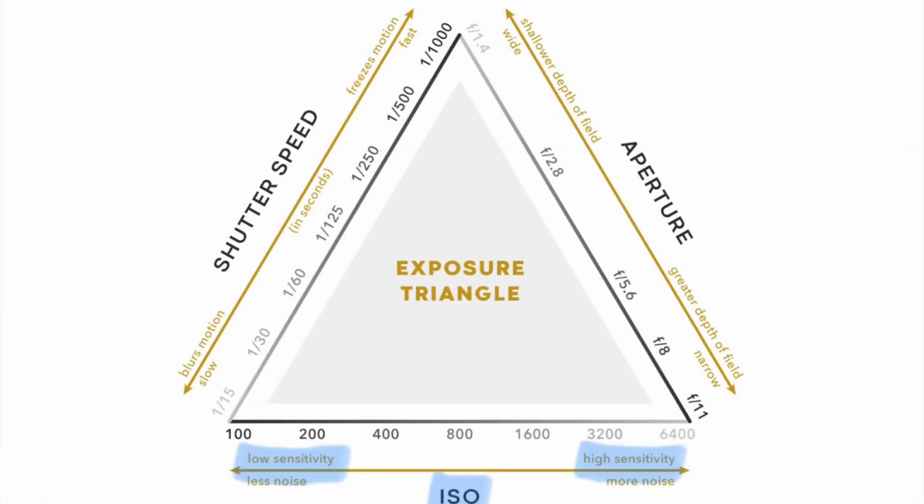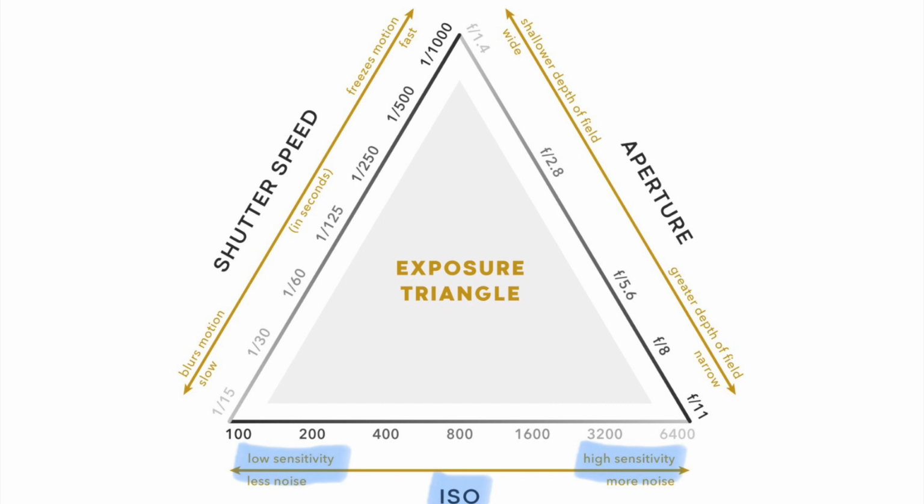Another leg of the triangle represents ISO values. ISO is an abbreviation for International Standards Organization. This organization sets standards for measuring light. Light that passes through a camera lens reacts with film or is detected by a light-sensitive sensor.